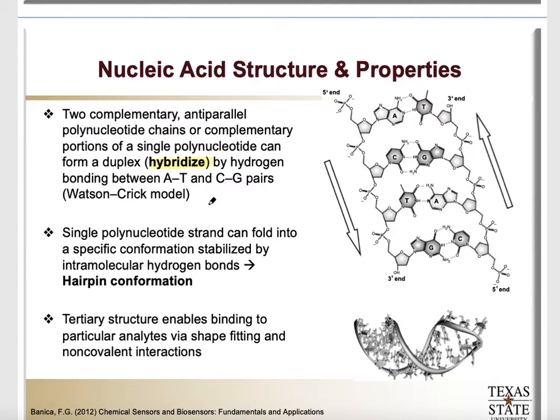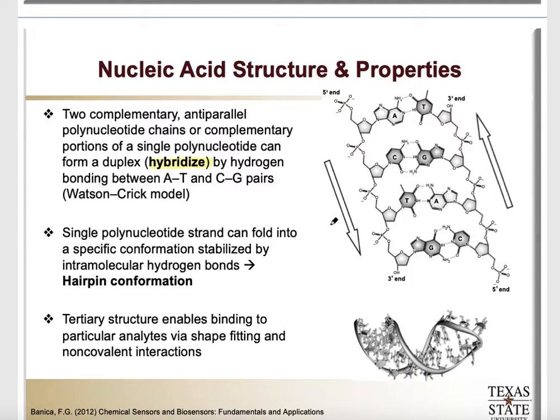However, I'll go ahead and mention that there are some non-canonical hybridizations that could occur that we're not going to mention right now. This right here can happen in between two completely separate strands, as is shown here. We have one from the 5' to the 3' and from the 5' to the 3'.